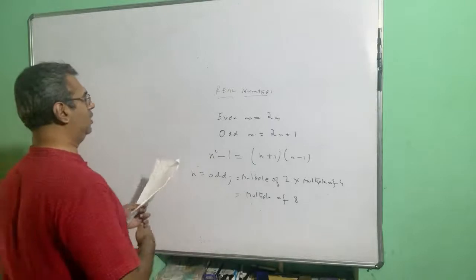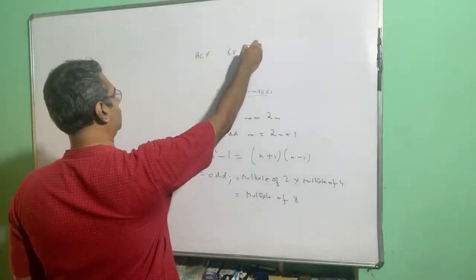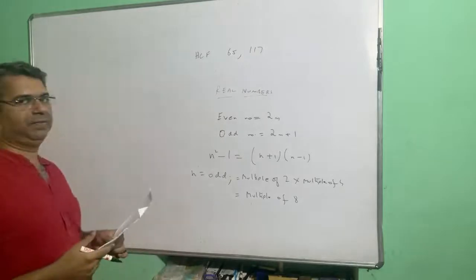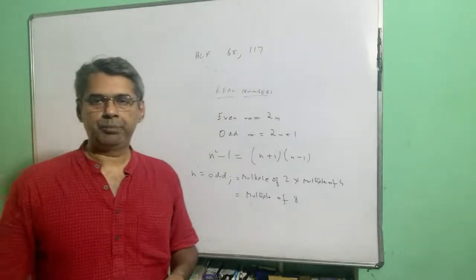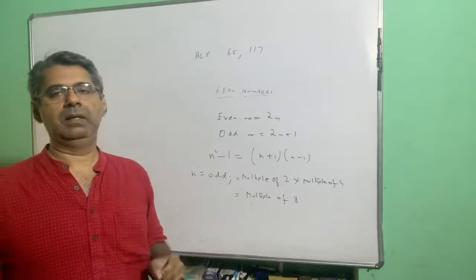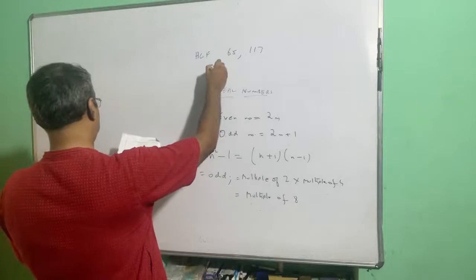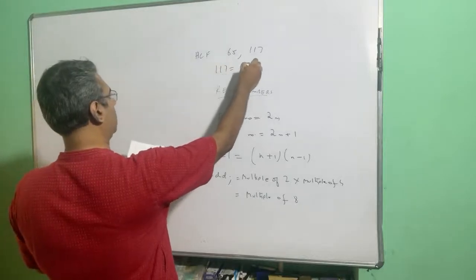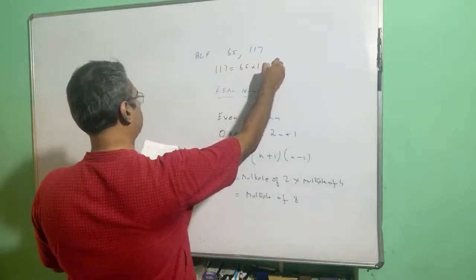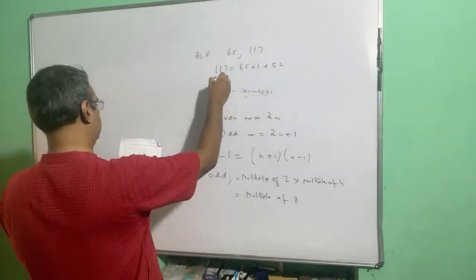The next kind of question is that suppose you have two numbers, 65 and 117, and the first thing you have to do is find the HCF. You know that using division lemma, 117 is 65 into 1 plus 52.